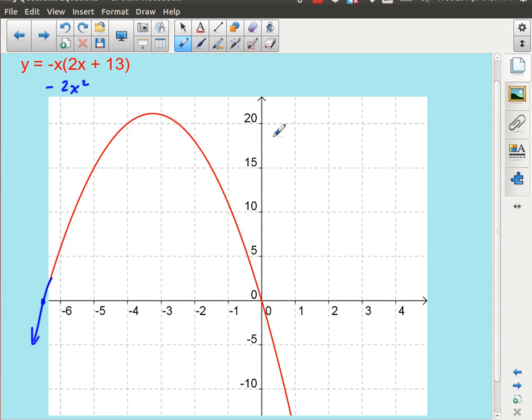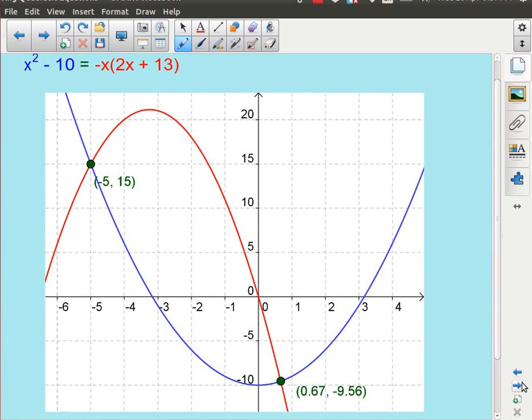But if I'm setting these two things equal to each other in the equation, what am I doing? Just in the same way that we were talking about where a parabola crosses a straight horizontal line, we could solve for that. Well, now I'm solving for where this curve intersects this curve. And you can see in this case it intersects at 2 different locations. One of them is -5.